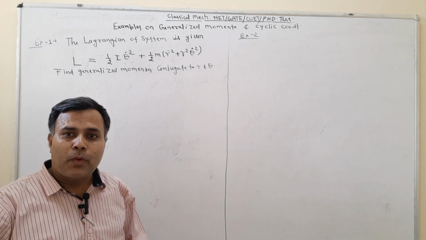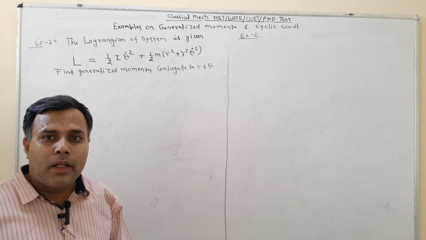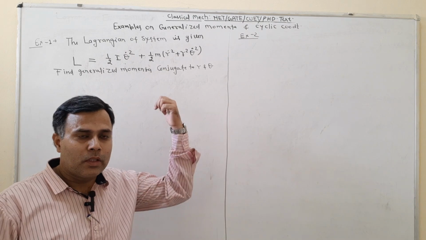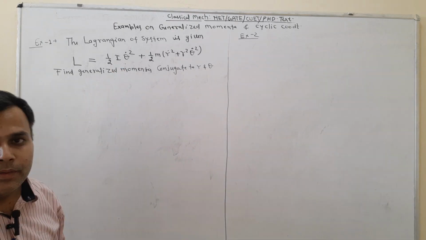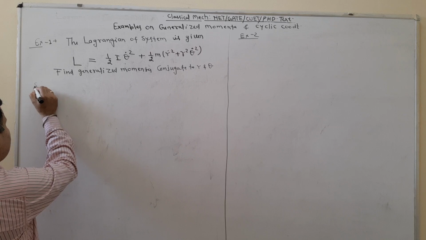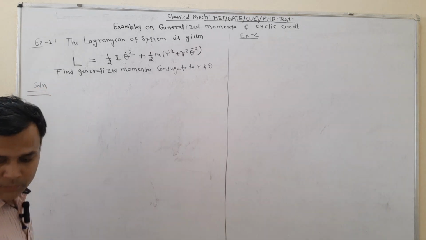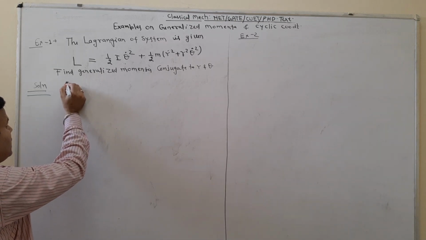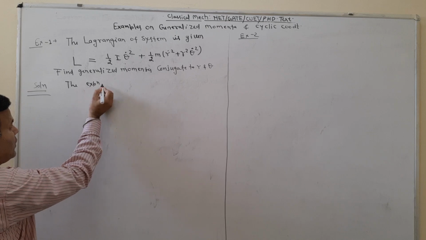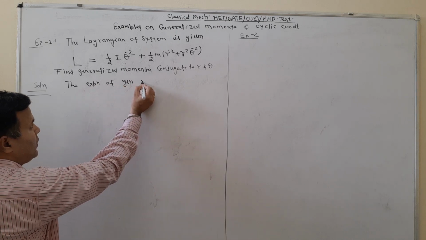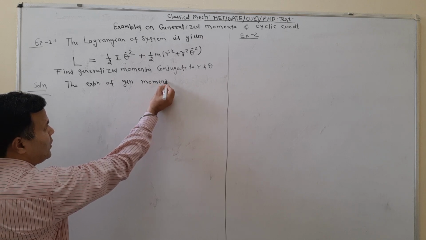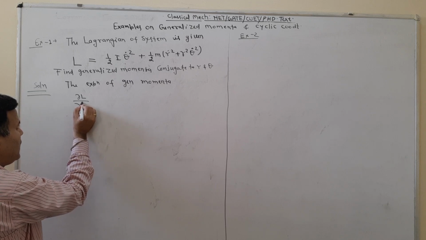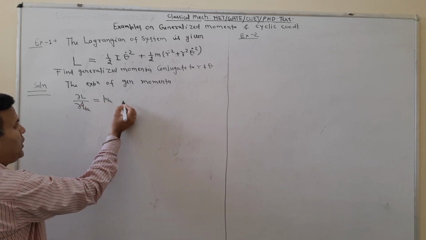So generalized momenta corresponding to r is pr and to the theta coordinate is p theta, which means we have to find out the generalized momenta corresponding to this Lagrangian, where I is the moment of inertia. The expression of generalized momenta is simply del L upon del Qk dot, which is Pk.